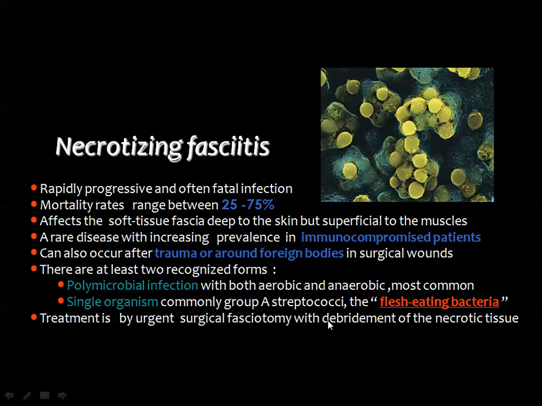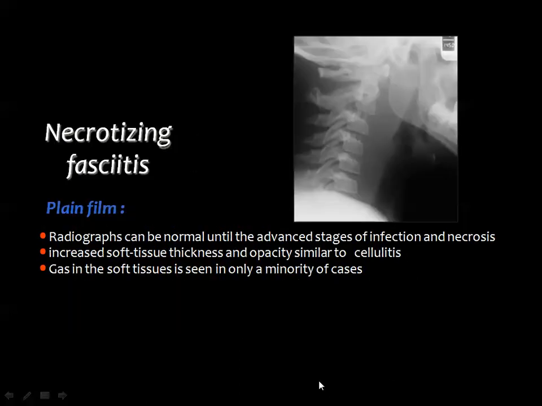Then there are two main causes for this necrotizing fasciitis. Either you are dealing with a single organism, which is group A streptococci, known as the flesh-eating bacteria, or multiple organisms, both aerobic and anaerobic, contributing to this aggressive inflammatory process.